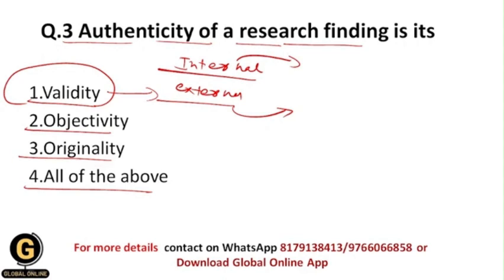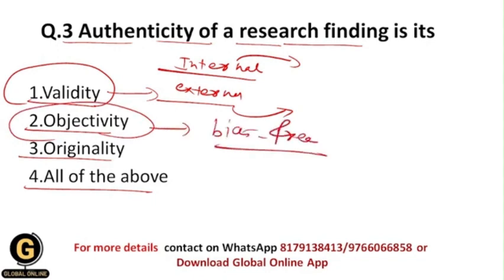Now I hope all of you understood, and that's why validity is not the authenticity of a research finding. Okay, now next is objectivity. Objectivity means bias free. Okay, whatever you are doing is fair, and you have a proper objective behind it. Okay, and this is the authenticity of a research finding.